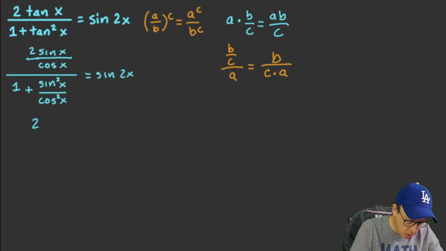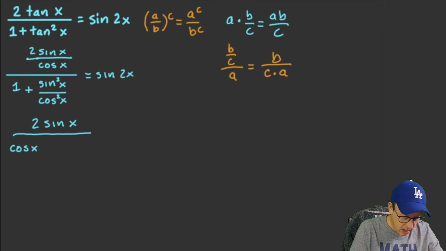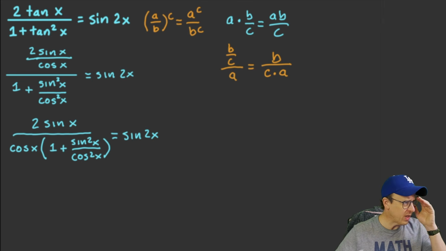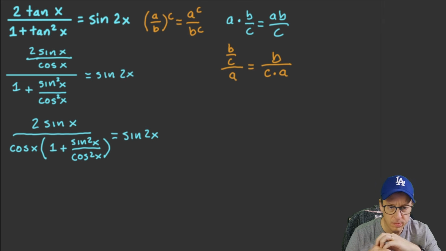So this is going to be 2 sine of x over, I know that's not enough space, cosine of x times 1 plus sine squared x and cosine squared x, which is going to be equal to sine of 2x. I still have space.